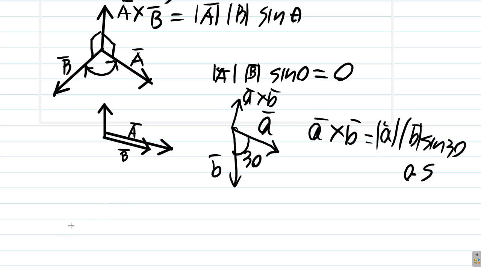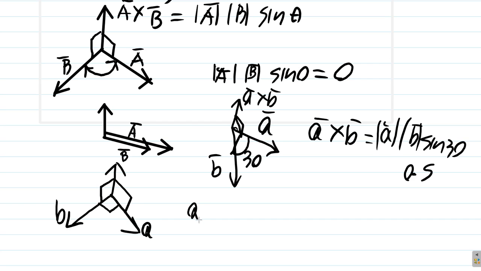Now, what if A and B are at 90 degrees to each other? What would be the cross product? Remember, the cross product would be 90 to each of them. But it so happens that A and B are also 90 degrees to each other. Well, you would have magnitude of A, magnitude of B, sine 90, which is 1. So the cross product would be at its maximum.